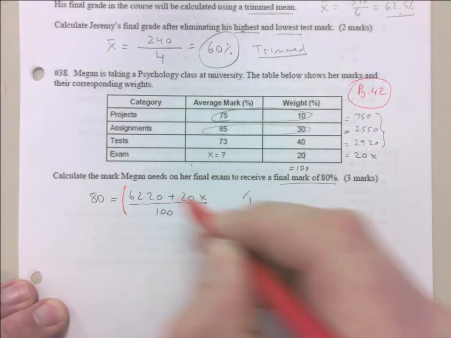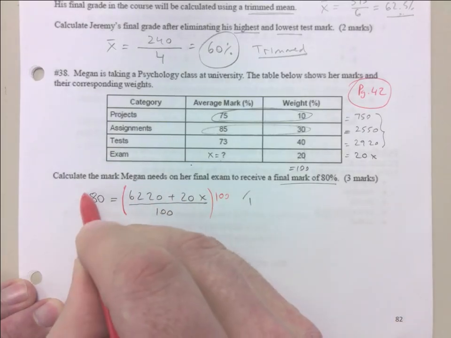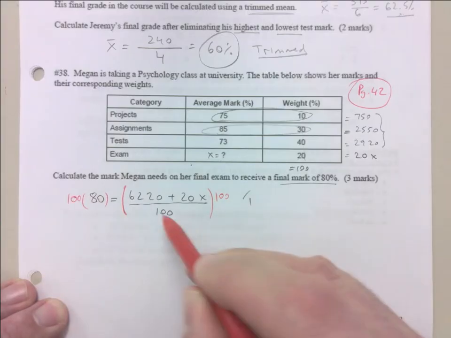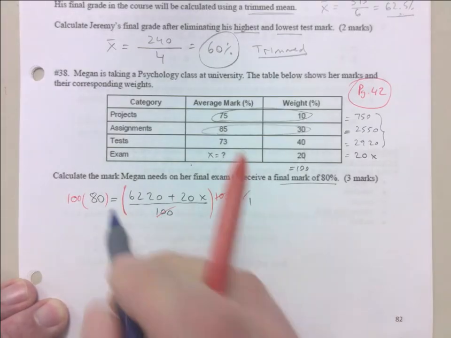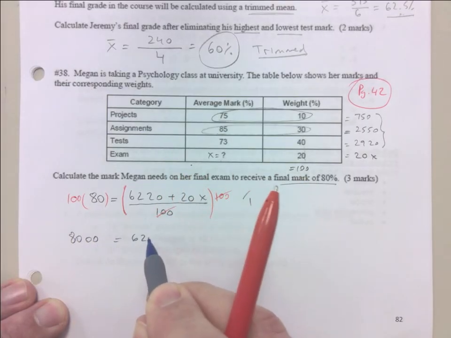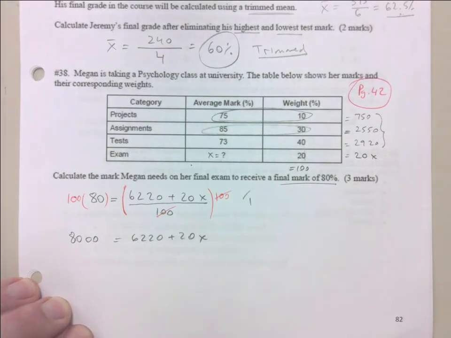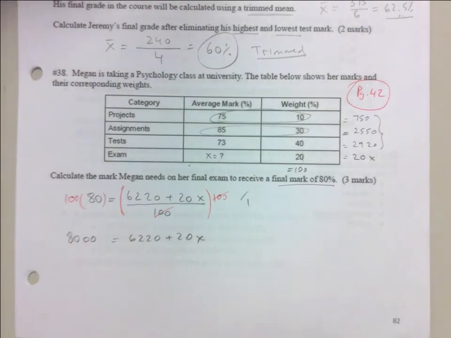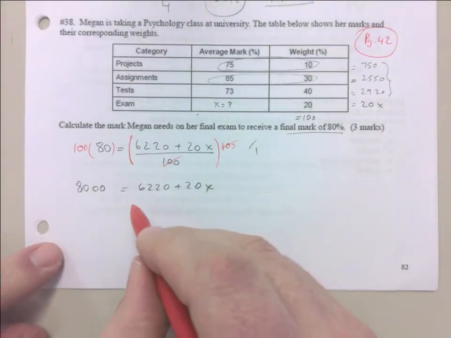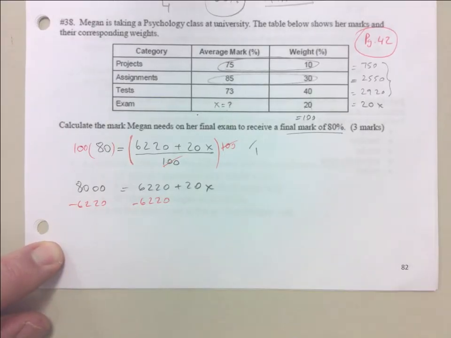And then we undo, right? First, I get rid of the 100, so I multiply this whole side by 100. Cancel that out. You're left with 8,000. 6220 plus 20x. Then we subtract 6220 from both sides.